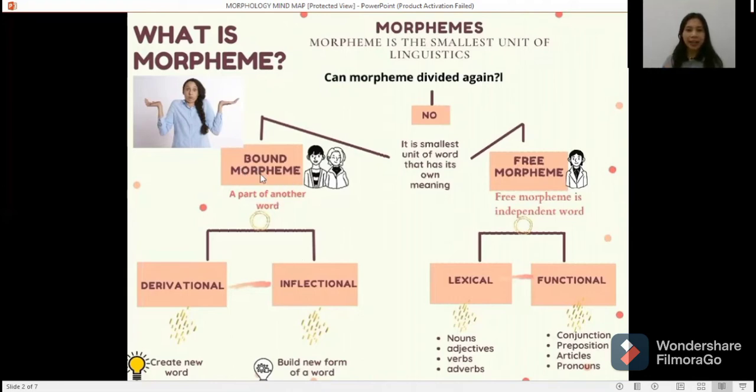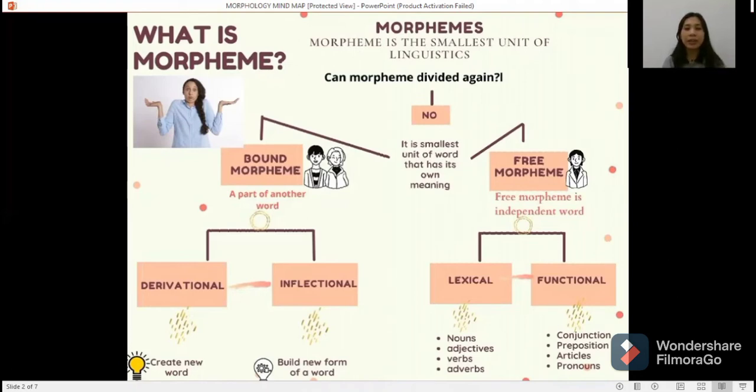So the next one is bound morpheme. This is the last type of morpheme. Bound morpheme is a part of another word, the opposite of free morpheme. If free morpheme can stand alone, bound morpheme cannot stand alone as a word.